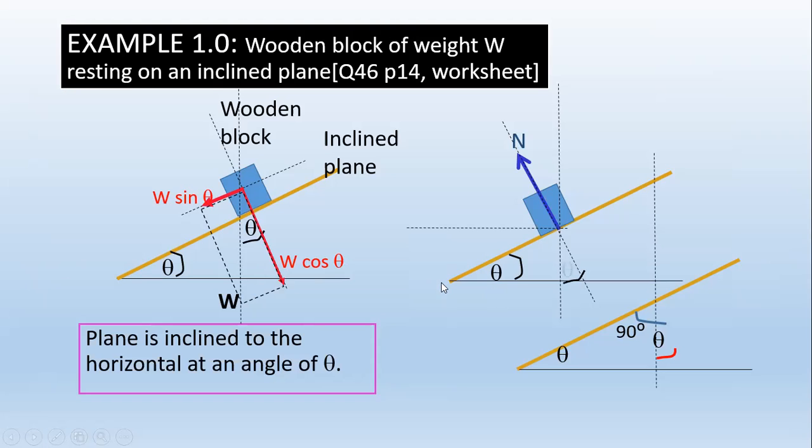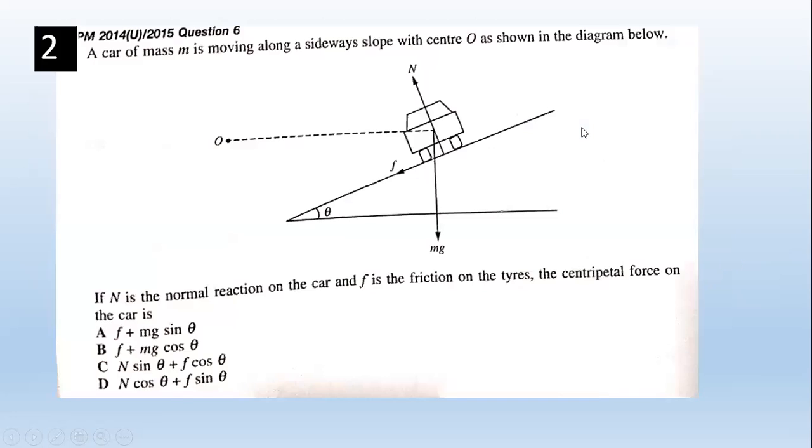Must be flexible to know all that. That angle is theta, and the angle is also theta, vertical opposite. So we can replace that normal reaction with our vertical force N cos theta and N sin theta.